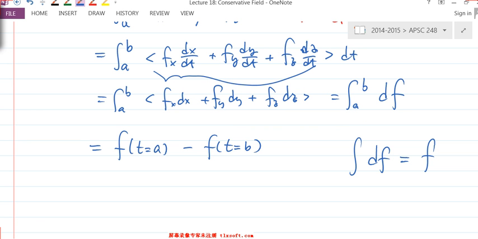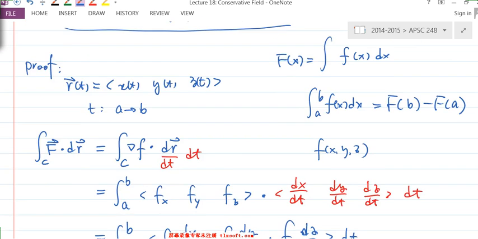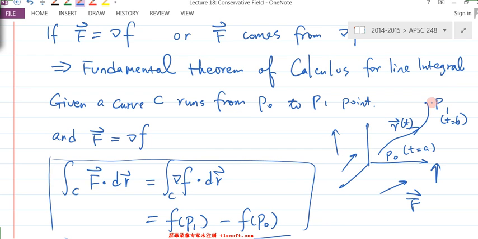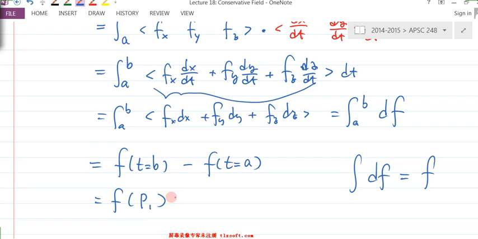So when t equal to a, where is the location? This is t equal to b here, and this is a here. So when t equal to b, the location is the P1 point. When t equal to a, it's the P0 point. So this is why we get f at those points. Does that make sense?